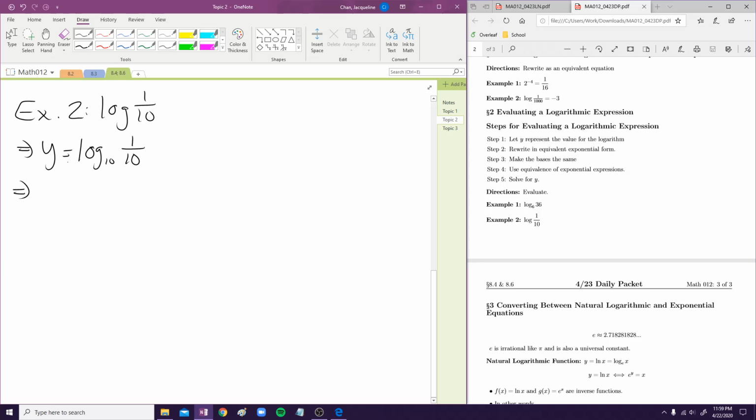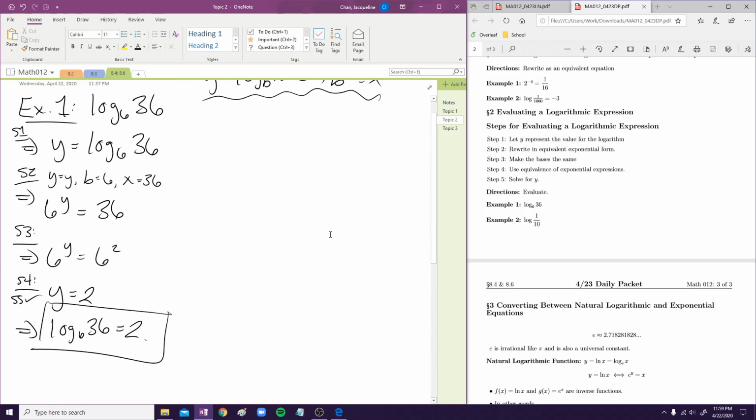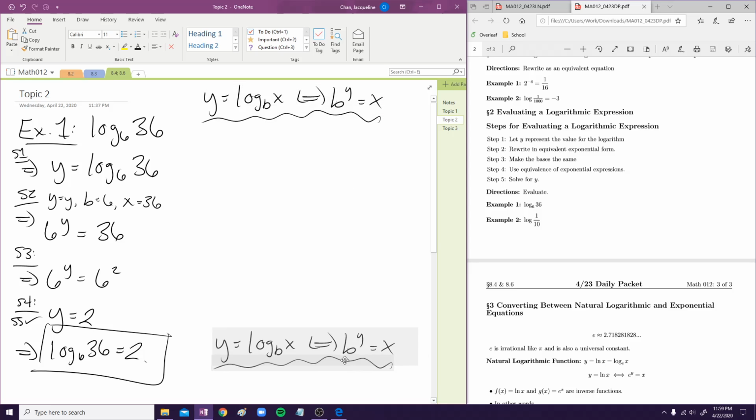So now we know this, but we still can't do anything. So what are we going to do? We're going to put it in equivalent form. So this becomes 10 to the y is equal to 1 over 10. So y is equal to y, b is equal to 10, and x is equal to 1 over 10.